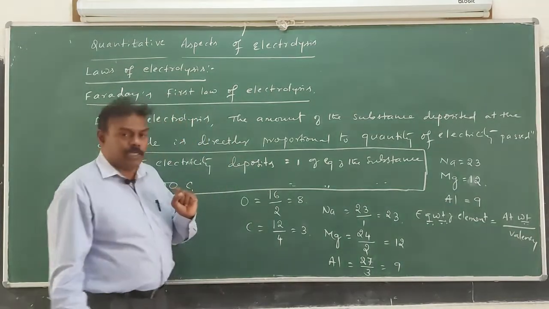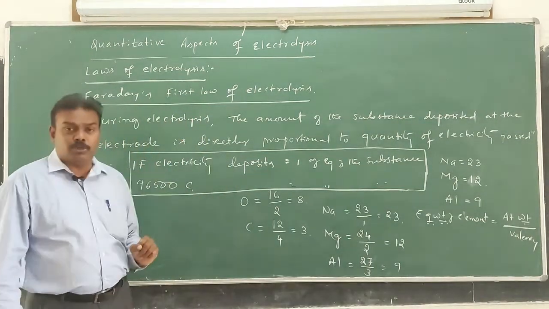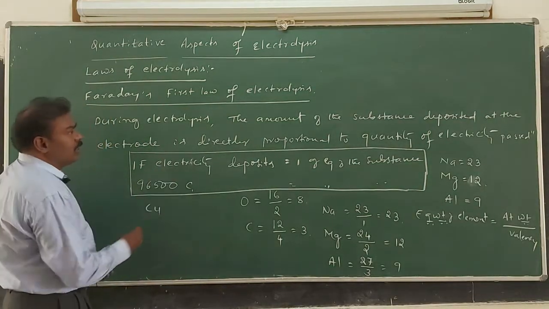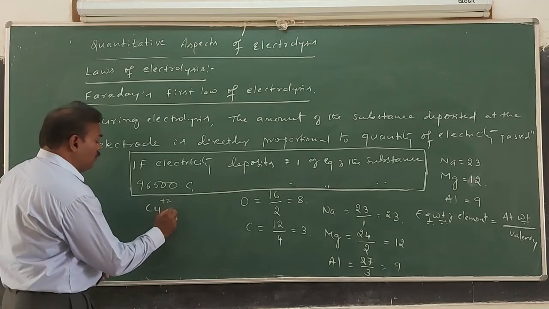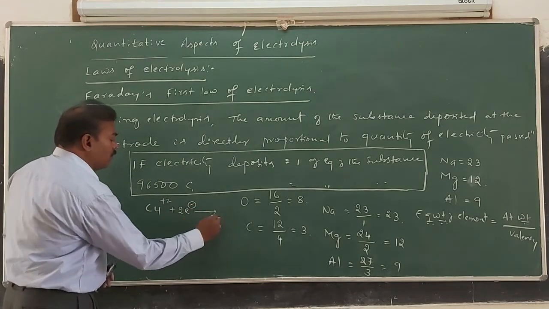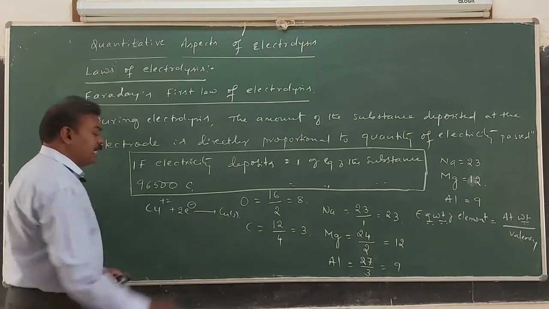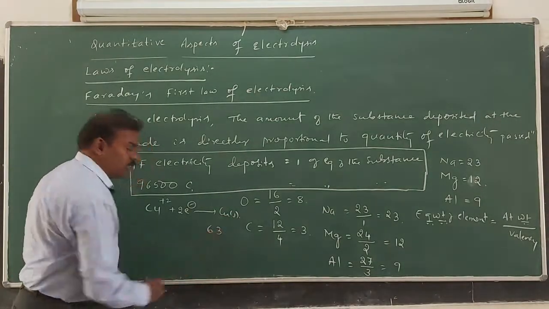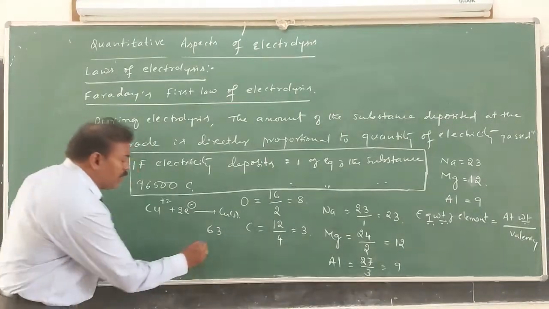Suppose we take an electrolytic solution of a substance. In the earlier concept I told you that Cu2+ is deposited by taking 2 electrons, and solid Cu will be deposited in this manner. You know the atomic weight of copper is 63. What is the equivalent weight of copper?